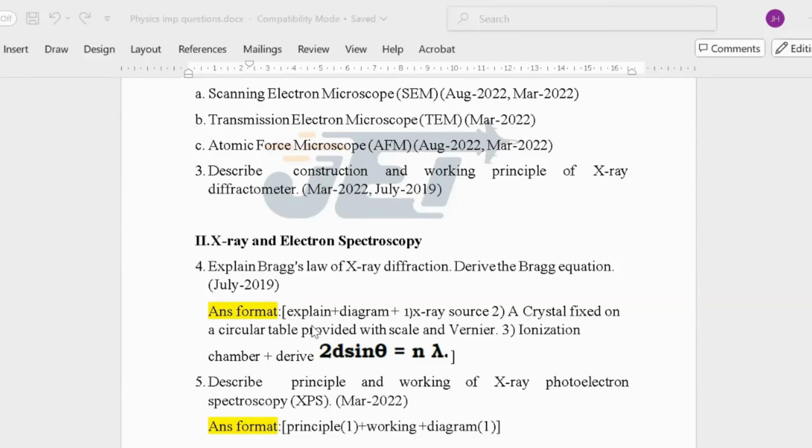So Bragg's equation derivation will be 2d sin theta equal to n lambda, and the explanation will go with 3 points. The first one, you have to explain X-ray source. The second point, you have to explain about the crystal fixed on a circular table provided with a scale and vernier. Third point, ionization chamber. We are going to explain all these three, right? And derivation will be for the Bragg's equation.